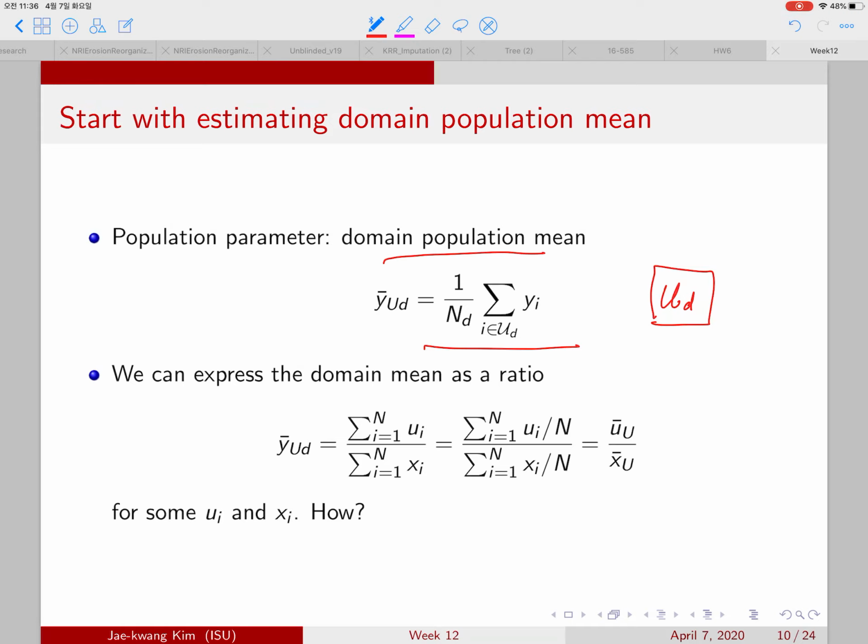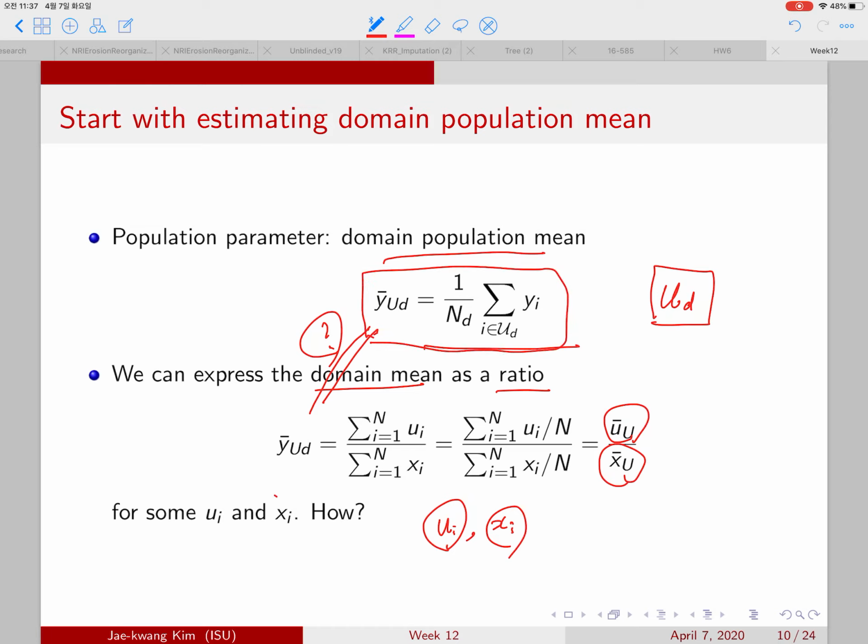The basic idea for this kind of estimation is that we can express this domain mean as a ratio of two population means. So how can we make these two equal? Basically, how do we define u_i and x_i such that this population mean can be written as a ratio?